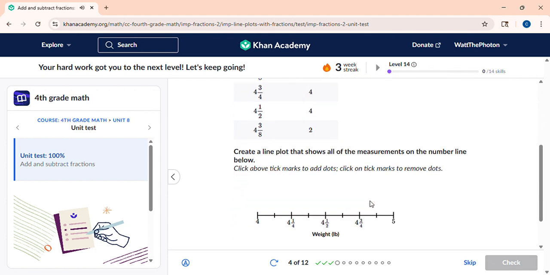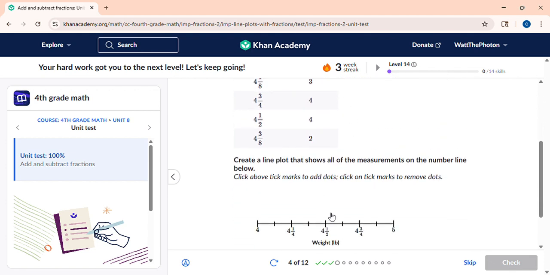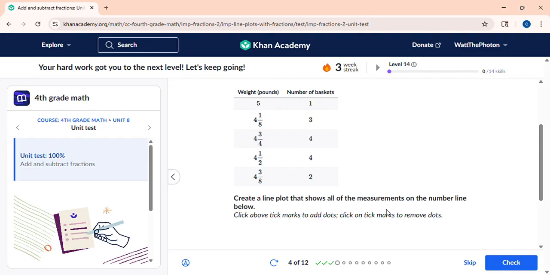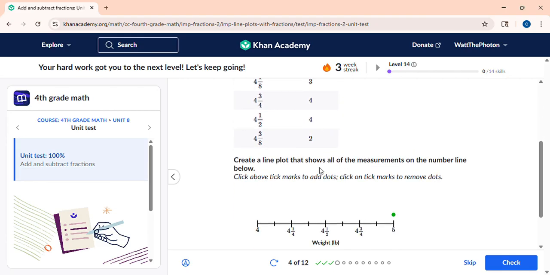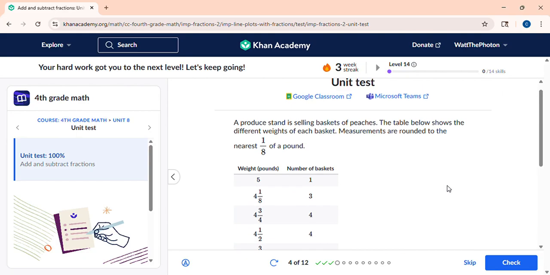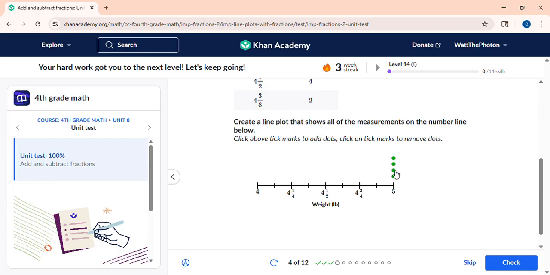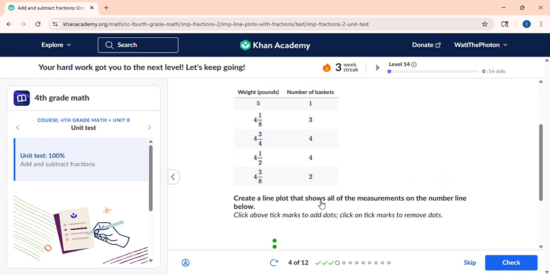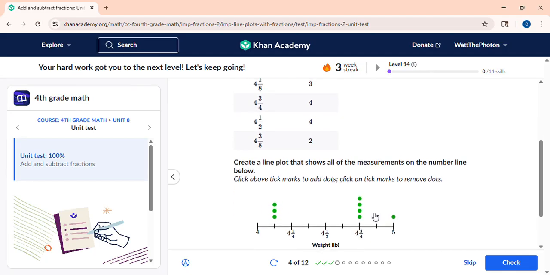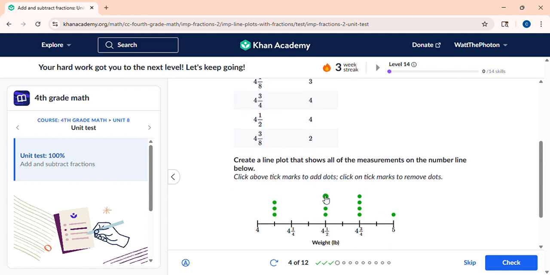There we go. Click on. So 1 is 5. 1/8, that's 3. Oh, get this right. Yeah, I think I'm doing this right. 1/8, so 3. 3/4 is 4. 4 1/2 is 4. This one is 2.